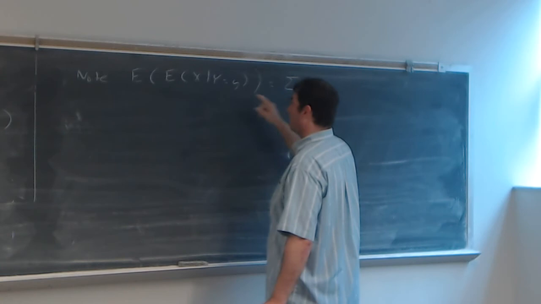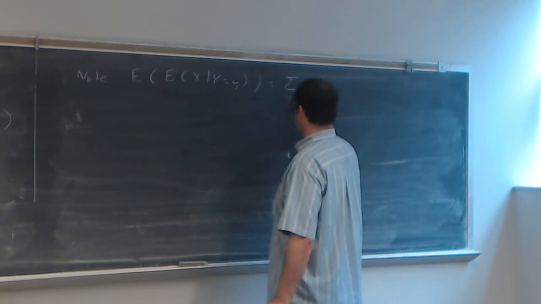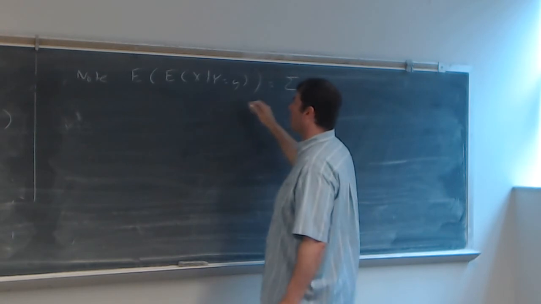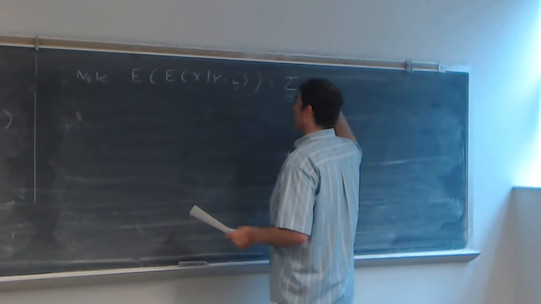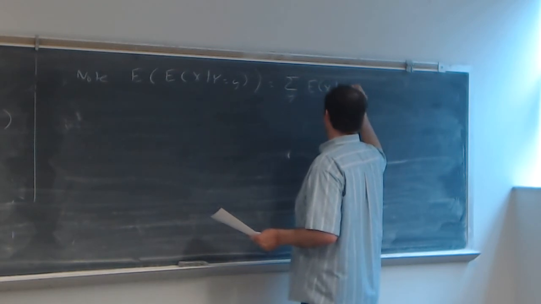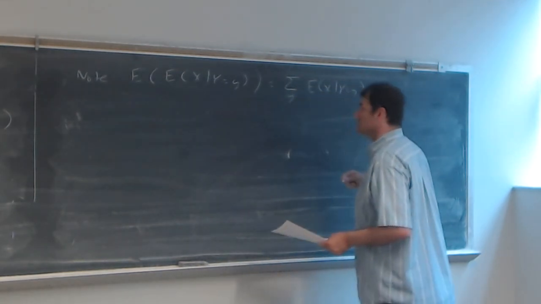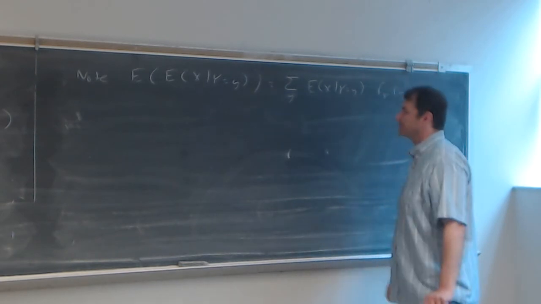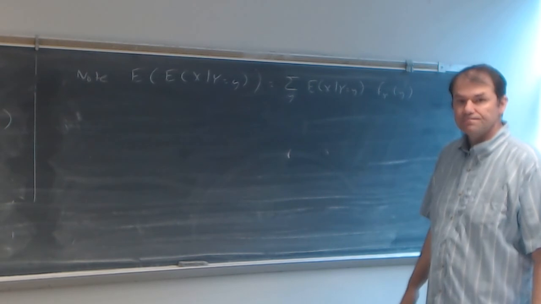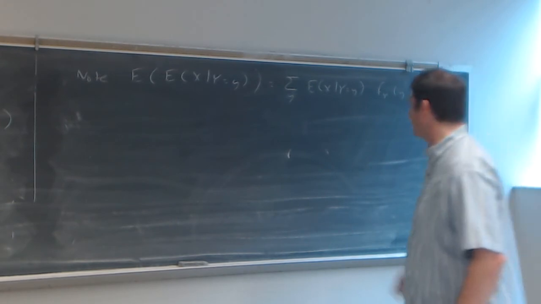So this is the sum over all y values of the expected value of x given y equals y times f sub y of y, the PMF of y. That's what it is.